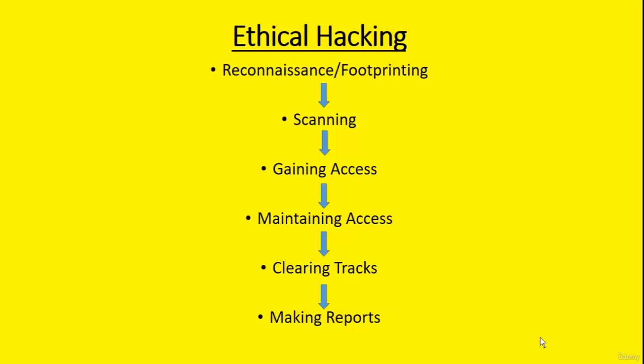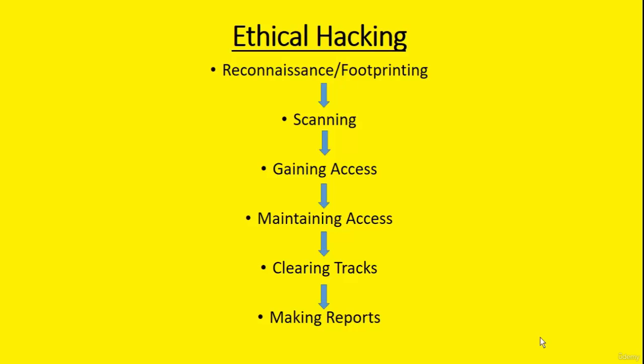Then comes the third phase of ethical hacking, which is gaining access. Gaining access means entering into our target network or entering into our target website or entering into our target system. Then comes the fourth phase of ethical hacking, which is maintaining access.